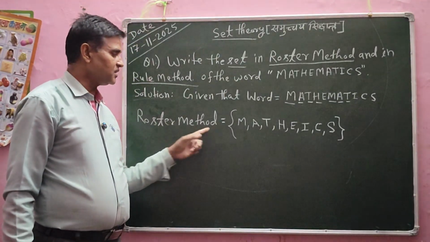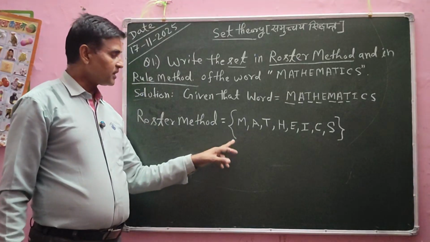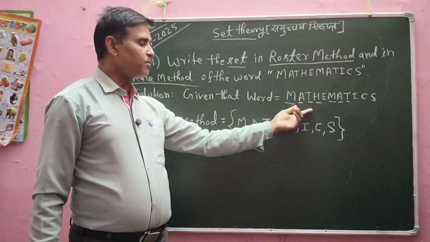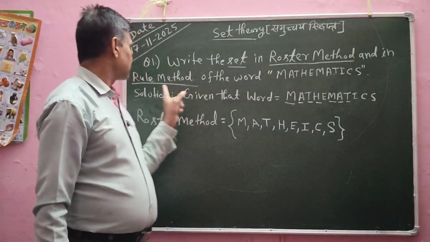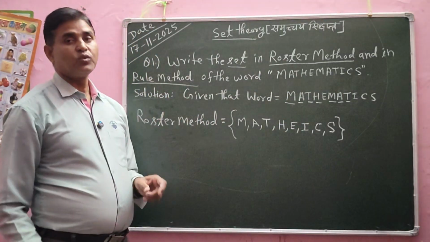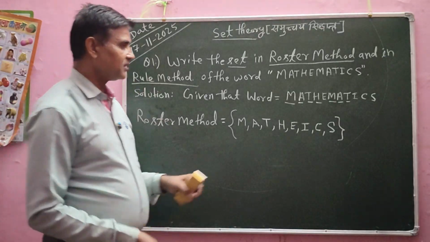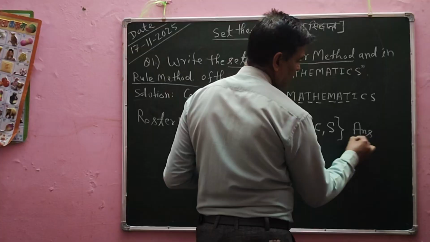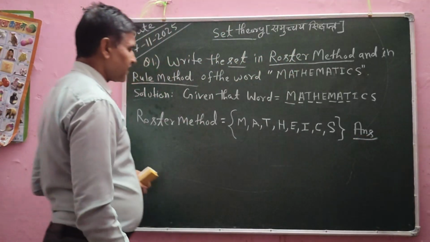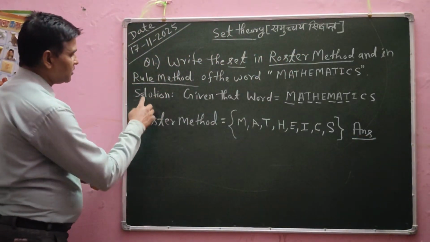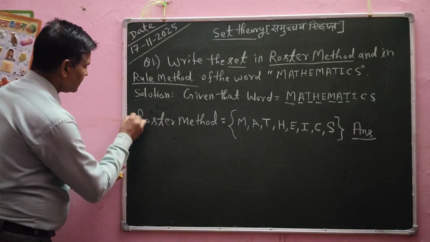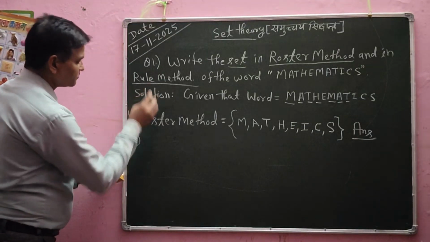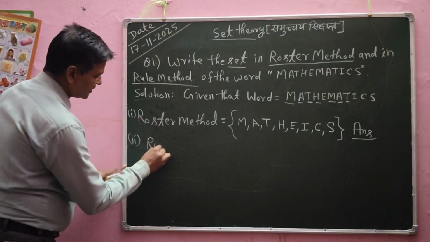This is a set which is available in roster form, but I have to also write the set of this mathematical word in rule method. Okay, so in rule method I have to write it, so this is the one answer of the given word. Similarly, I will also write rule method, and here second answer I have to write here rule method.